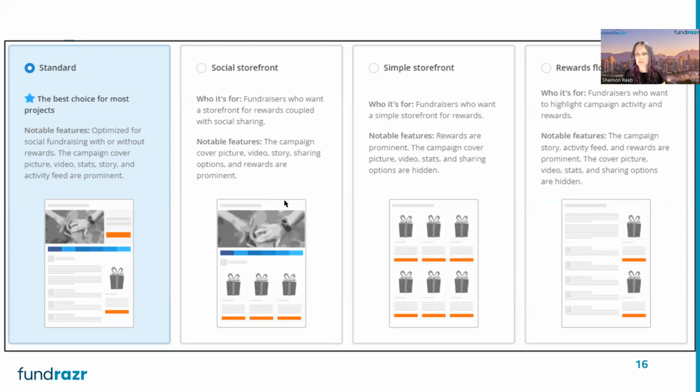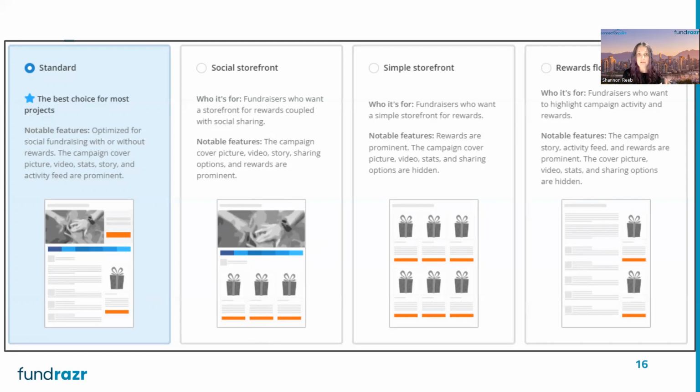The difference between social and simple storefront is that with the social storefront, you will have all of the same storytelling and sharing capabilities as any other campaign. So you would have your cover photo, all of your sharing here, and then a story, and then the store. This is more helpful if you are linking to the storefront from maybe a social media account, somewhere where the person does not already know who you are or what you might be offering.